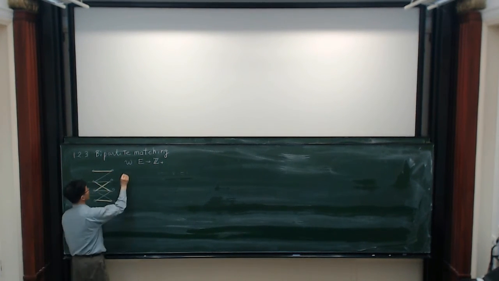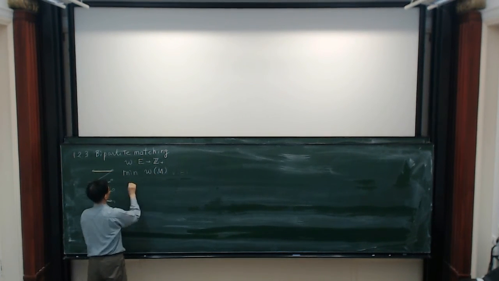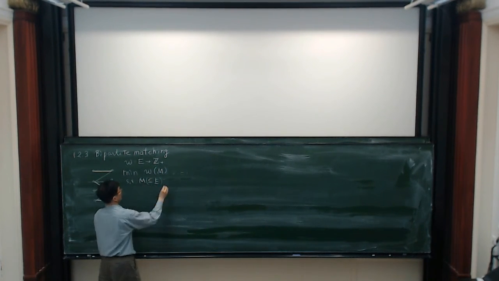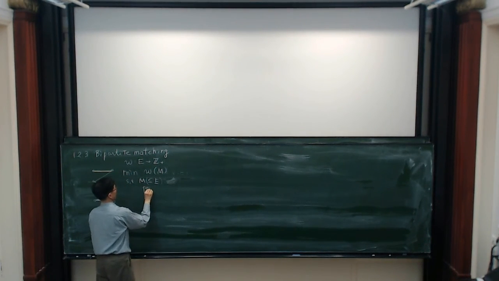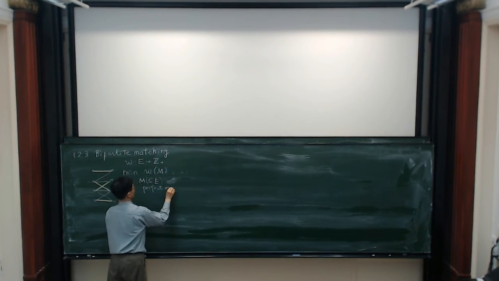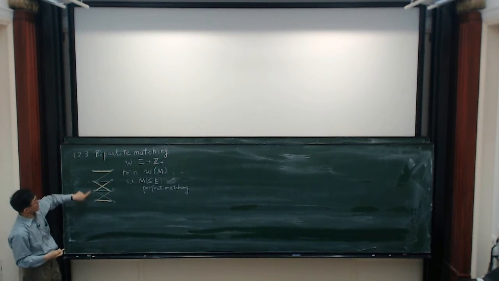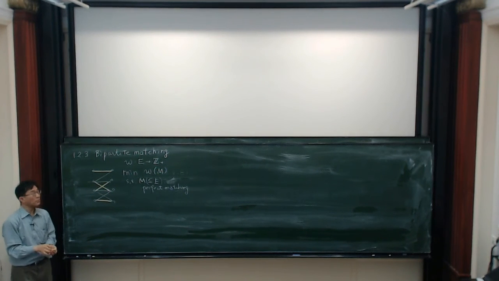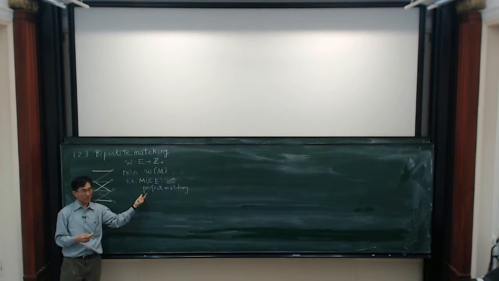So we want to find a minimum-weight matching, where M is a subset of edges which is a perfect matching. So we assume that we have the same number of vertices. Now, what is the optimality criterion? When do we know that a given matching is optimal or not?